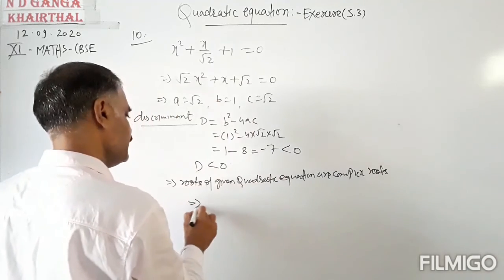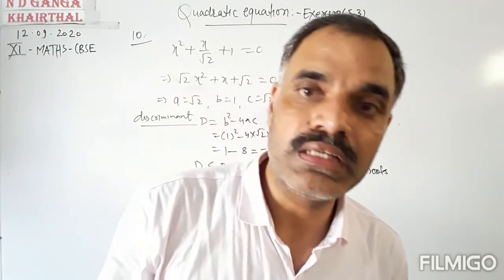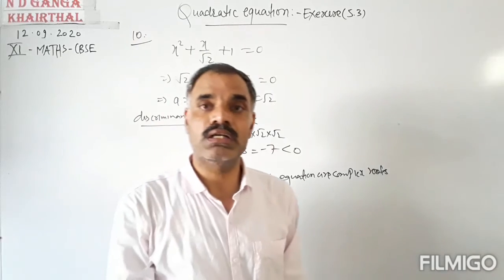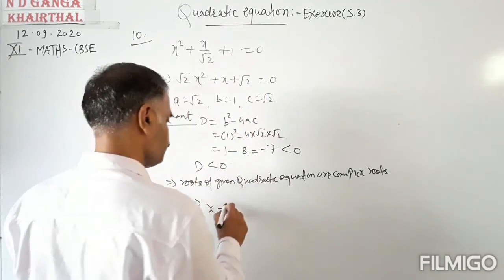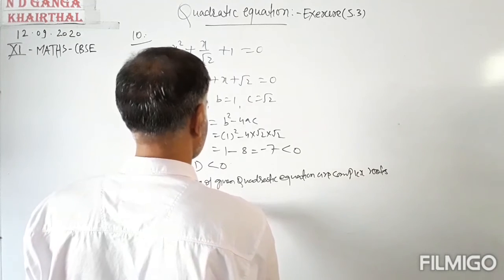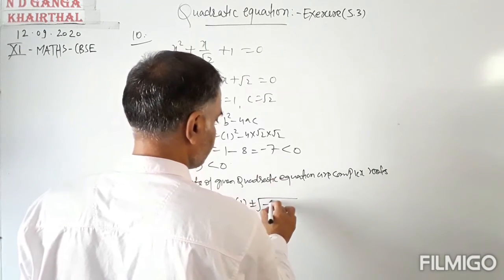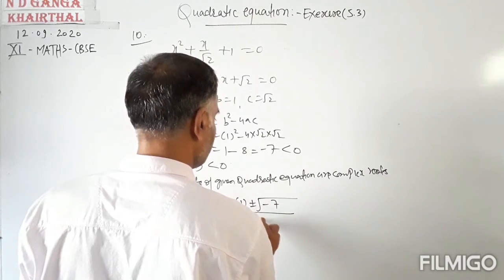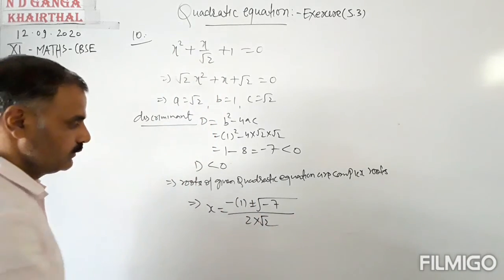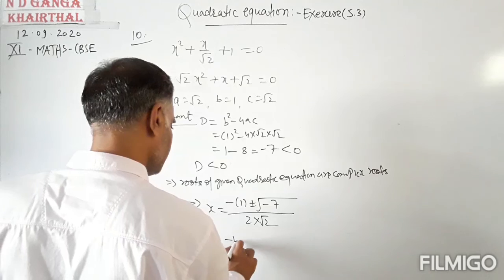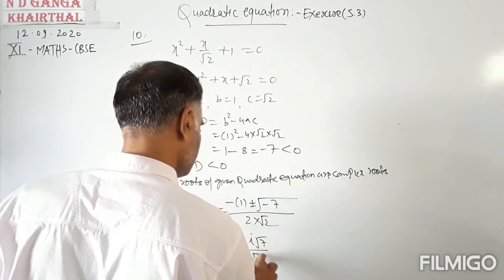Okay, this implies that now we have to find the roots of the given quadratic equation using the quadratic formula. x is equal to −b, that is −1, plus minus √D, that is √−7, upon 2a, that is 2√2. Okay, so x is equal to −1 plus minus iota √7 upon 2√2.